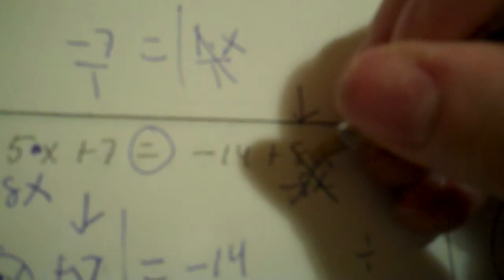Again, if you want to prove that that's correct, you don't have to, but I'm going to go 5 times x, so I take out x and put 7 in, plus 7, and I got 42. Now hopefully the other side's 42. So I've got negative 14 plus 8 times x, but 7 goes in for x, so it's times 7. I got 42, so I know I did it right.